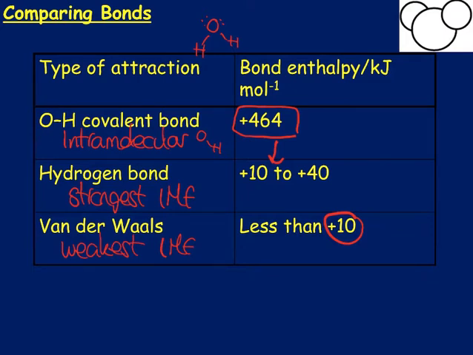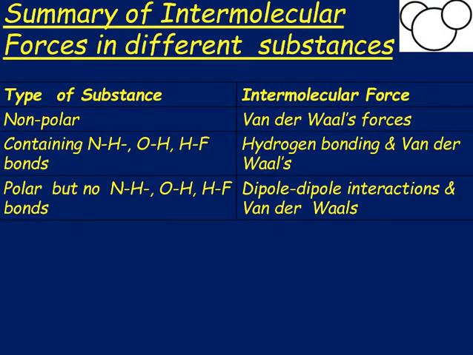So if you have hydrogen bonds present, it's going to have a much higher boiling point and melting point than expected, and you have to input a lot more energy to change the state of it. So this is just a little summary for you, you may find it helpful. If you have a non-polar molecule, it will only have the weaker van der Waals.